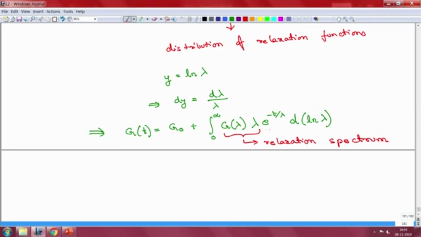So, this is nothing but a slightly different function derived from the previous case.